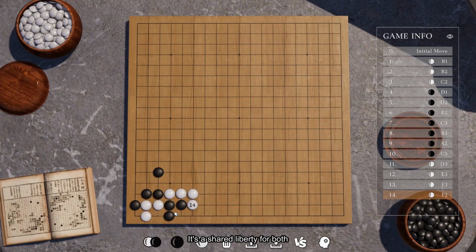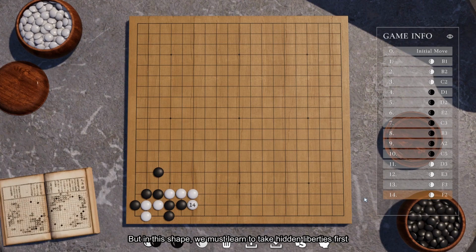It is a shared liberty for both. White has one external liberty on the outside, and black also has one external liberty. Okay, so on the surface, it is 2 against 2, and whoever plays first wins.